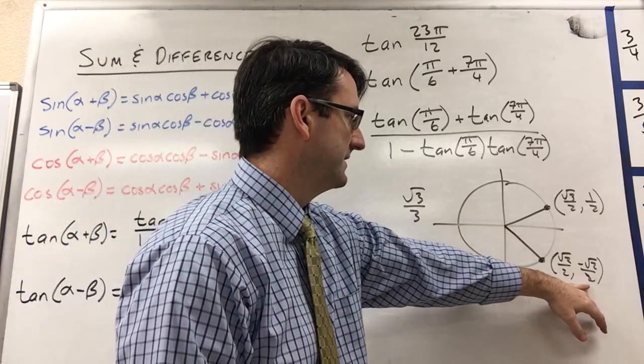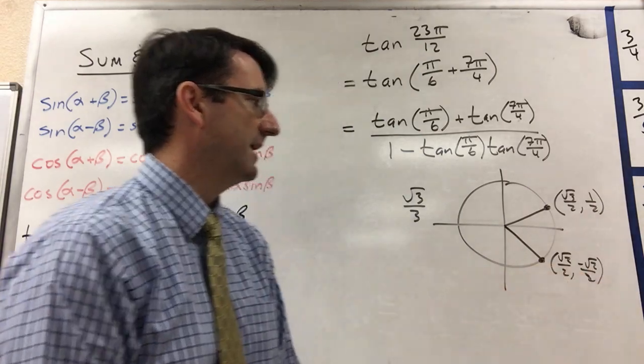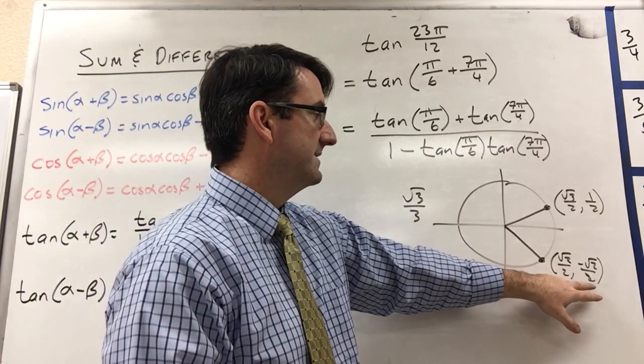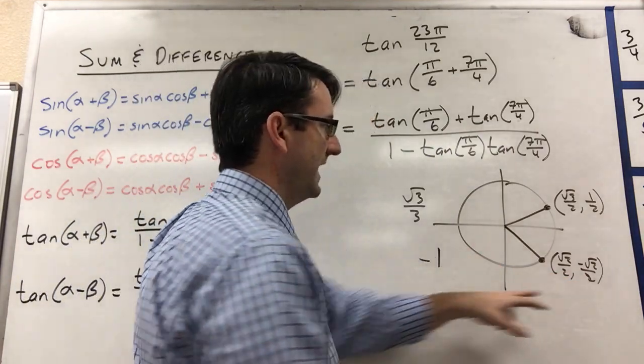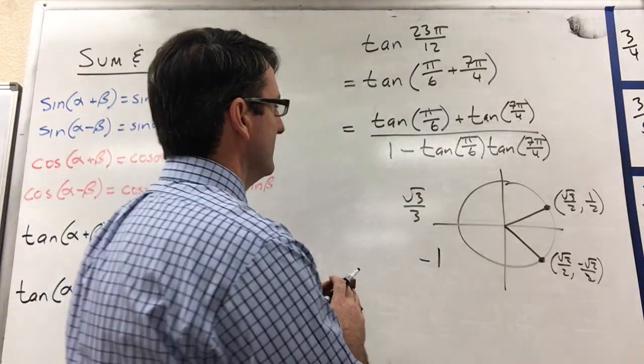This one, notice that these two numbers are the same. So if you divide this sine divided by that cosine, anything divided by itself is 1. This is negative divided by a positive, so this will be negative 1 for the tangent of this. So let's plug in those values.